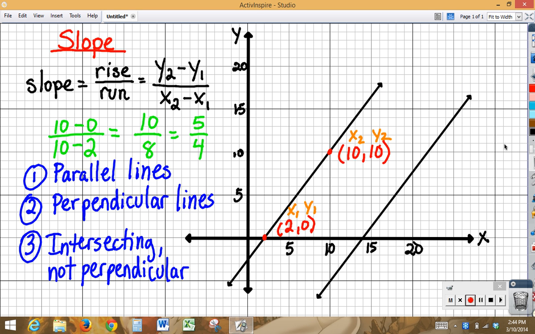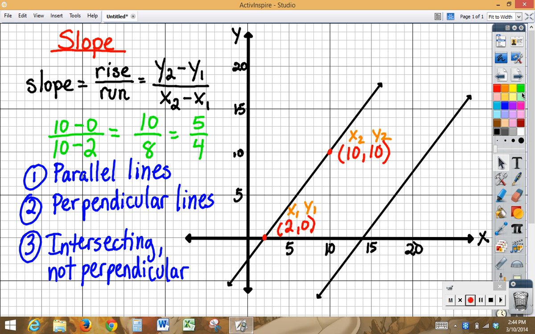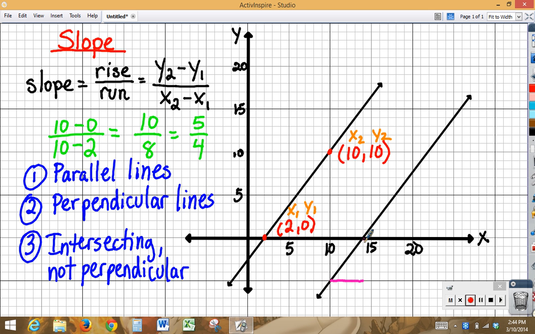And we can see very quickly, if I do the quick version of slope, if I draw a nice little slope triangle right here, we can see that my run is 4, my rise is 5, okay? And so this parallel line has the same slope as the original line. Well, perpendicular lines are a little bit more complicated.